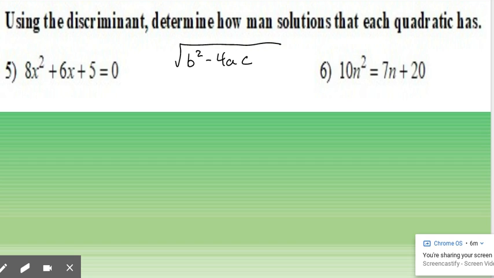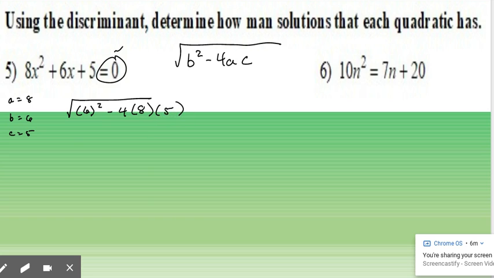Okay, for this first one, A is 8, B is 6, C is 5. It's already equal to 0, so that part's good. So I would have B, 6 squared, minus 4 times 8 times 5. 6 squared is 36.